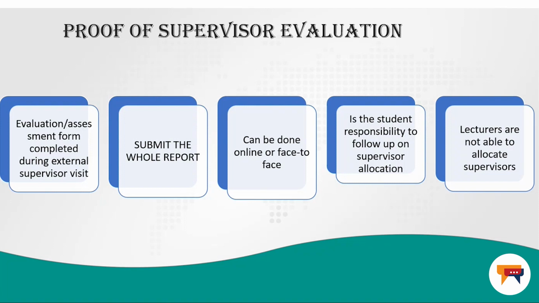But in your assessment 50, portfolio 50, there's somewhere where they ask the supervisor to sign. Let them sign, but still attach the whole report. The assessments can be done online or face-to-face, and it is the responsibility of the student to follow up for supervisor allocation.